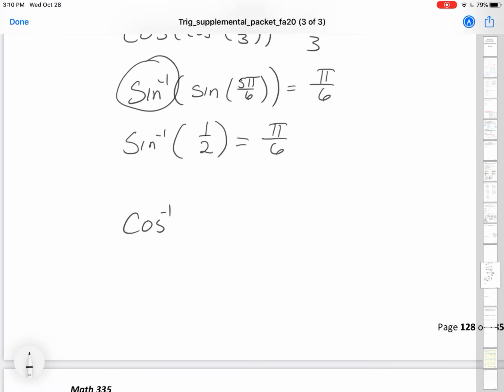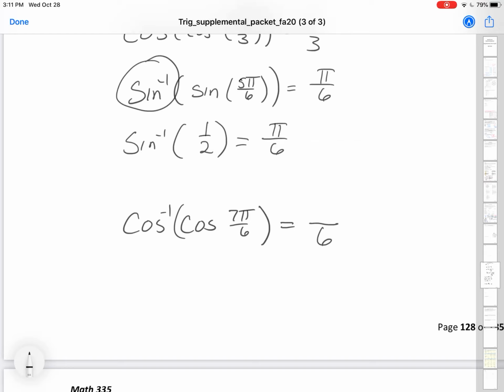Cosine inverse of cosine of, let me do 7 pi over 6. Ideally, this is what would happen. Because these guys are inverse functions of one another, you know that you're going to come out with an angle that's going to have a 6 on the bottom.